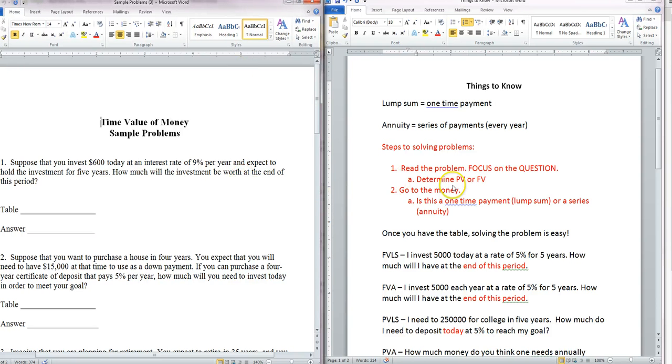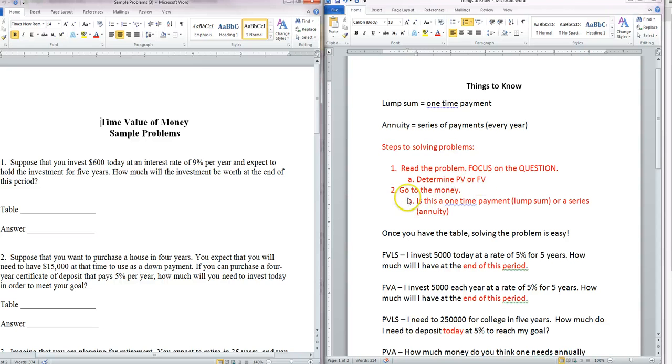You're going to read the problem. Next, you're going to focus on the question, the specific part of the problem that asks you the question, which is normally at the end of the problem. After you do this, I want you to determine if it's present value or future value.